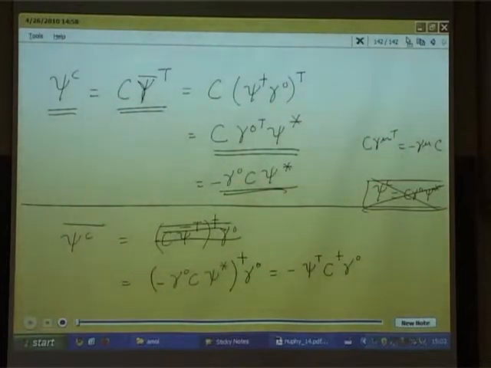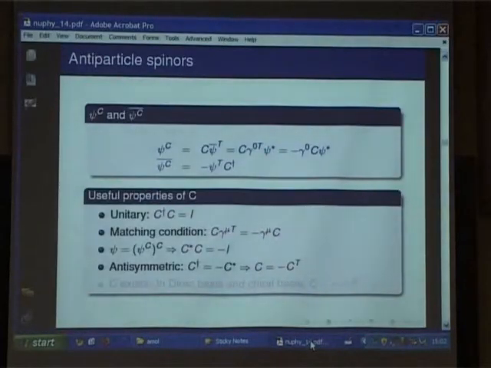Gamma 0 dagger is gamma 0, gamma 0. But gamma 0 squared is 1. So this is equal to minus psi transpose C dagger. You see, that's what I thought of. You could have derived these by yourself, but it's just good to know what psi C and psi C bar are, because that's what appears in all our equations.